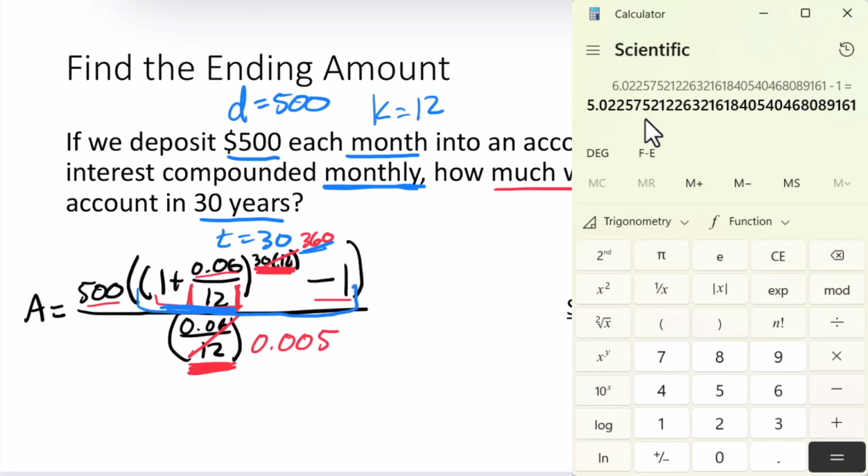And then I'm going to take that result and multiply by 500. And then I'll take that number and divide by this decimal that I found earlier. So I'm going to divide by 0.005.